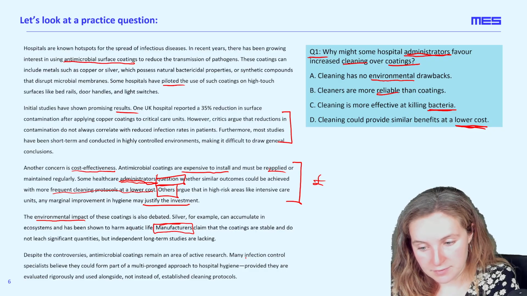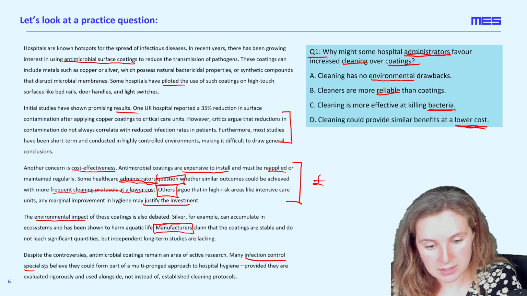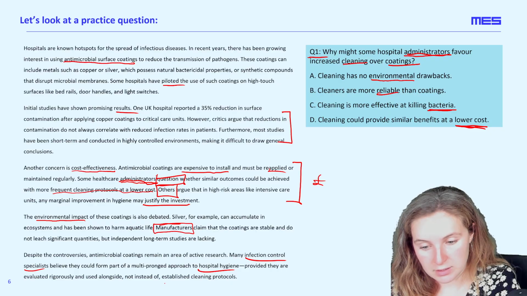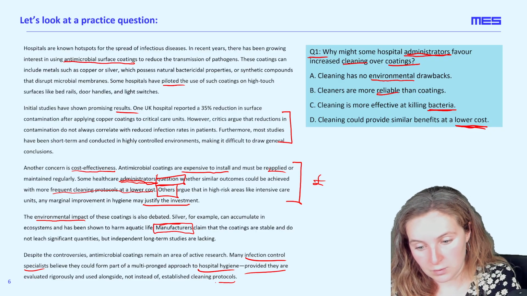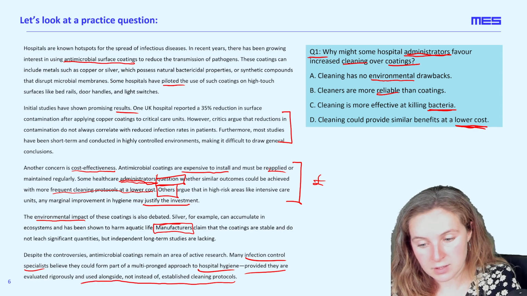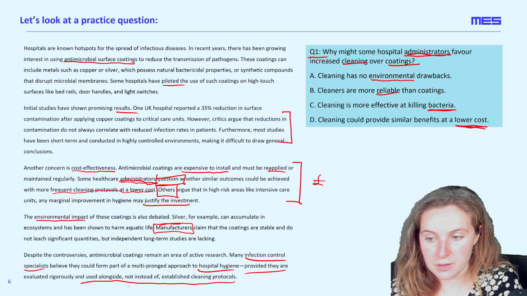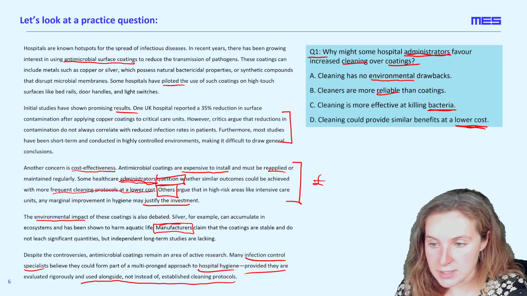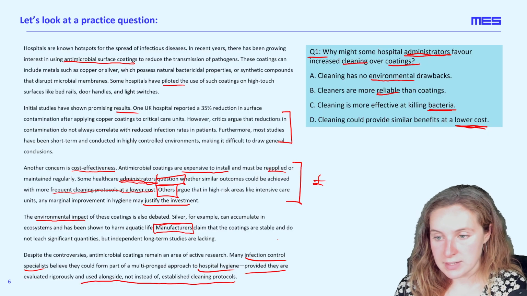And again, we have another type of specialist with an opinion, hospital hygiene, provided they are used alongside cleaning protocols. Okay, so it seems like people are thinking about cleaning as an option rather than the coatings. Let's take a look at our answers now.